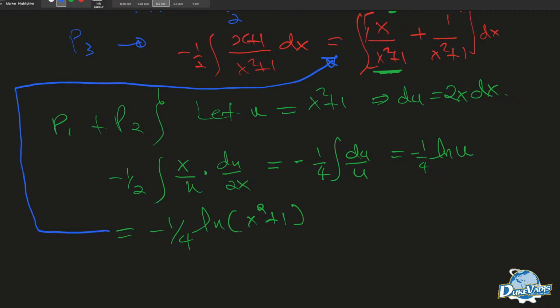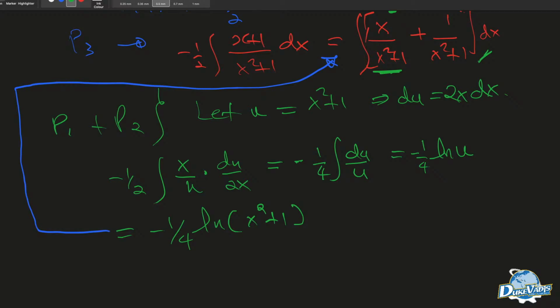Now, the last bit here. How do we go about this? This one should remind you of something: 1 over x squared plus 1 integral. We can use tan inverse to do that.